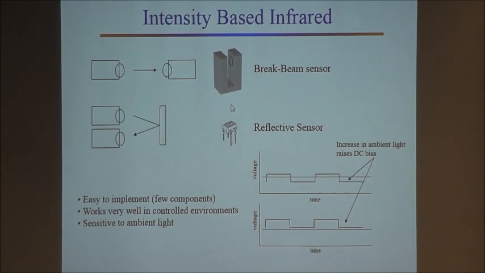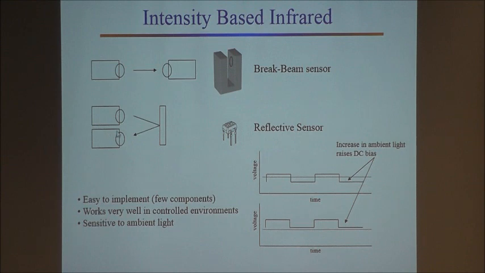So, intensity-based infrared, basically, as we said, you transmit a signal, okay, like a light signal, and it hits another one. You could basically measure the distance between these two sensors, or you could have an emitter hit an object in the environment and wait for it to bounce and you measure it.